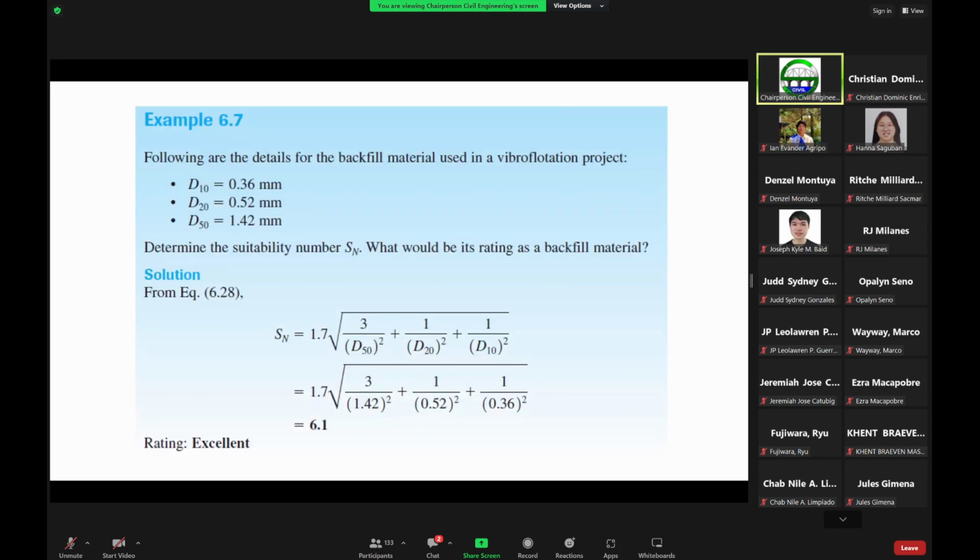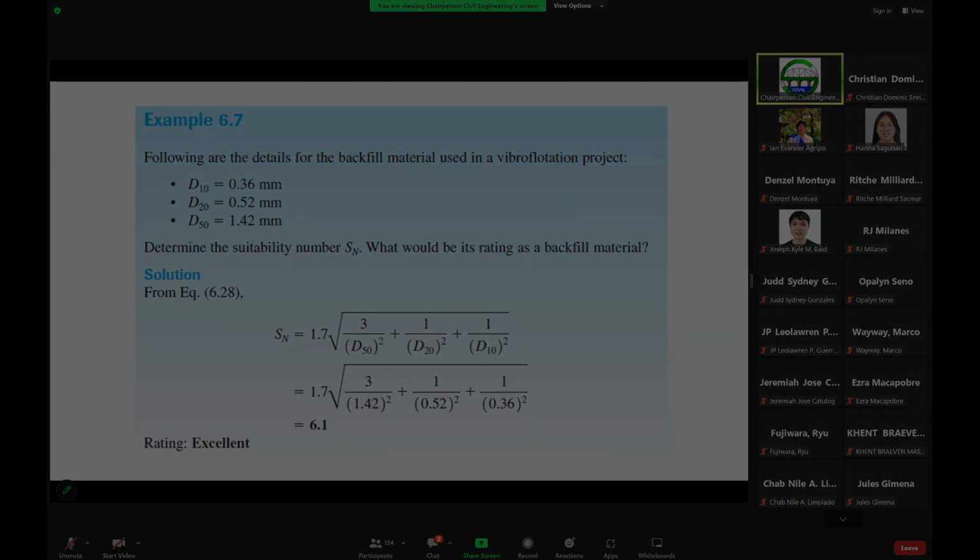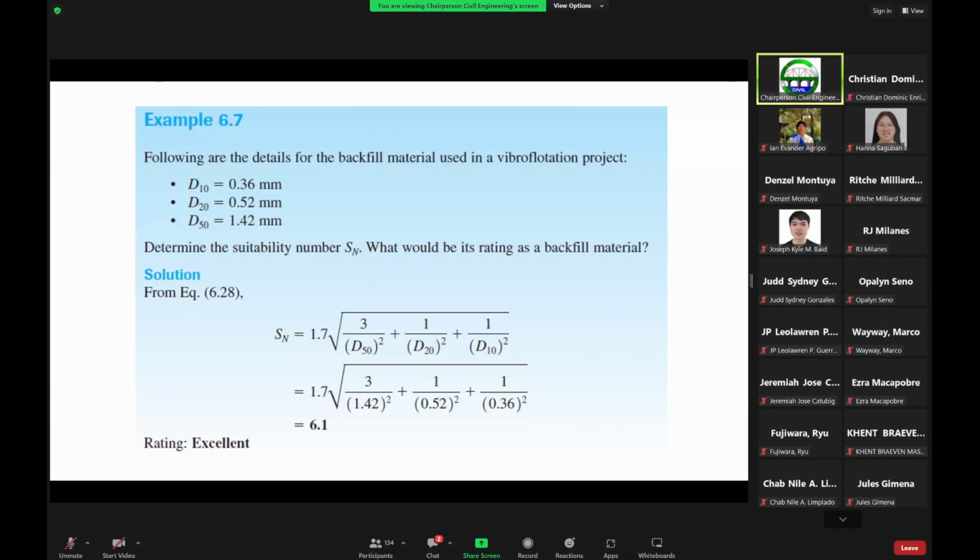Now another example. Time check, we're almost out of time. Let me just discuss this last example. Here you are given the details for the backfill material needed to be used in a vibro flotation project or a vibro compaction project, wherein you now have the diameters for the D10, D20, and D50.